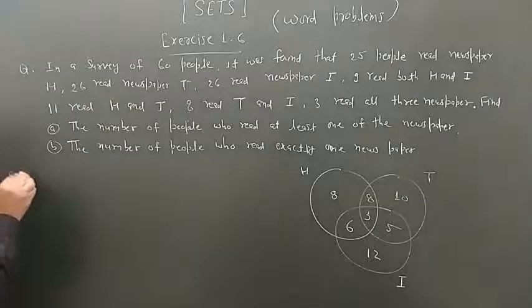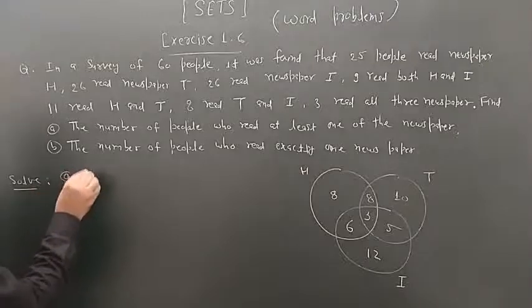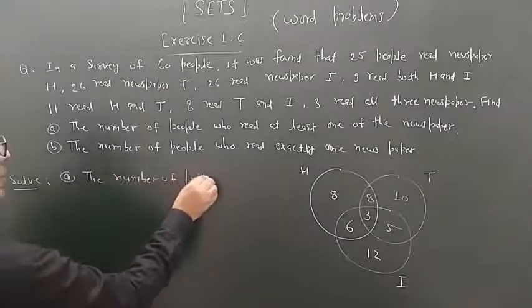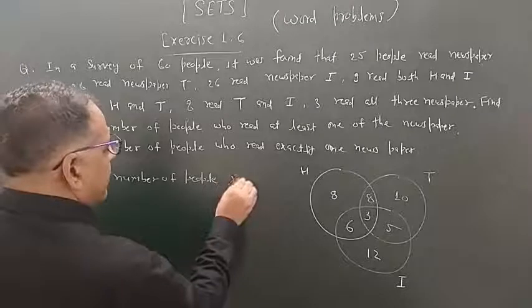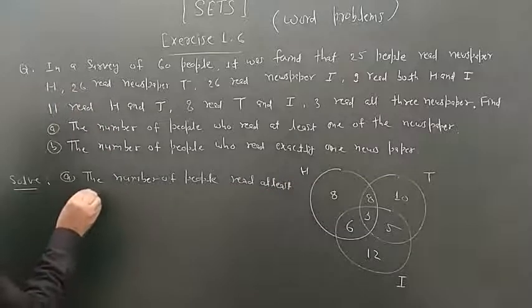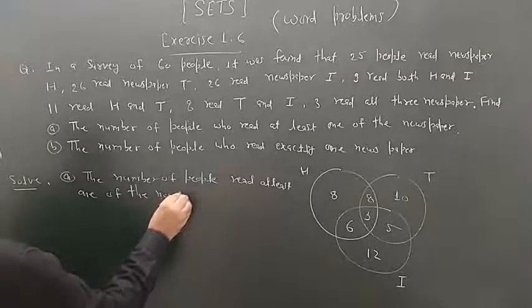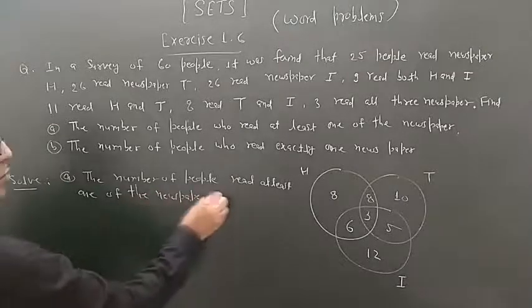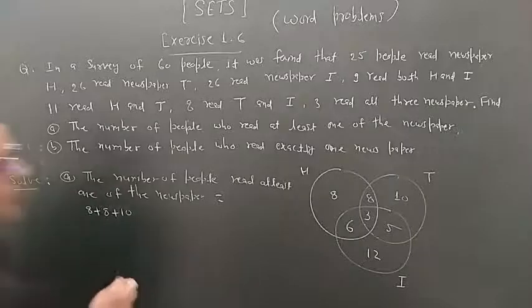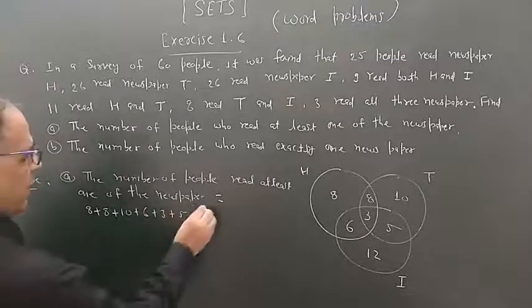So now the first part: the number of people who read at least one of the newspapers is equal to 8 plus 8 plus 10 plus 6 plus 3 plus 5 plus 12.